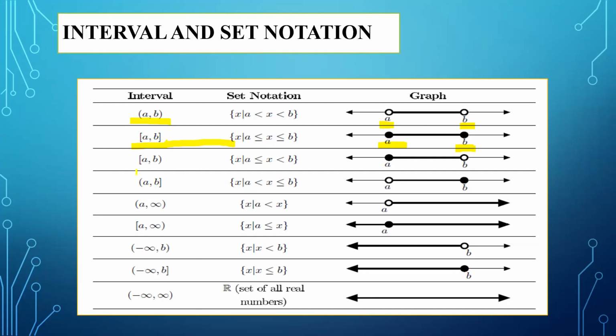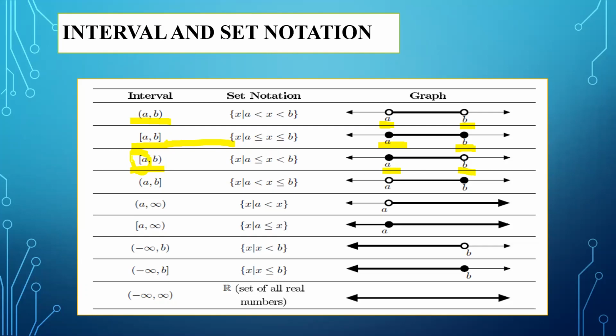Next, we have the half-open interval [a, b). It is closed at a but open at b. So it is from a, including a, to b, but b is not included.